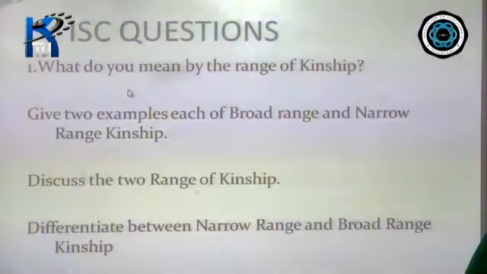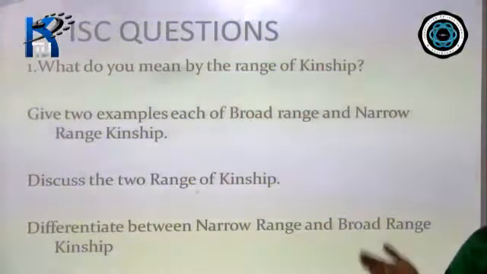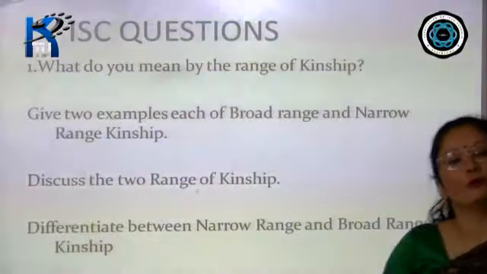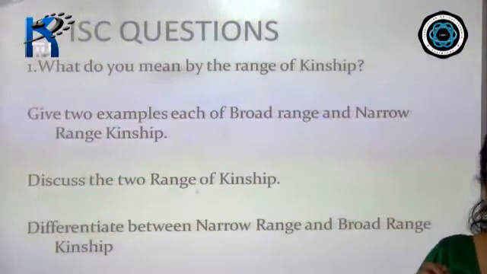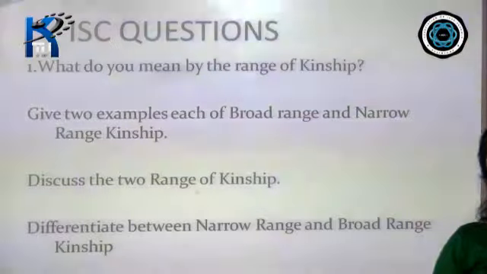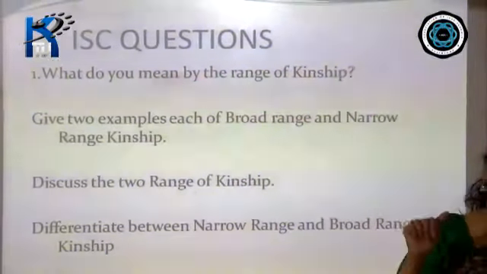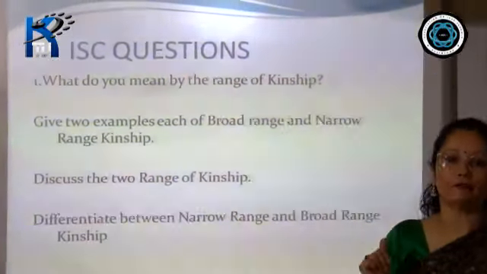Next, give 2 examples. Now, these are very easy questions. 2 examples of broad range and narrow range. Broad range, I had given you in the slide itself, will be tribe and clan. Very easy to remember. When it comes to narrow range, just write down nuclear family and extended family.